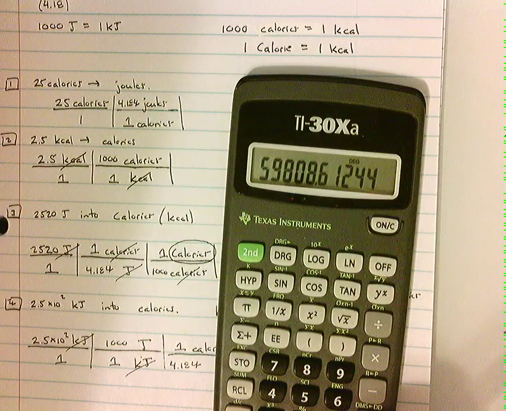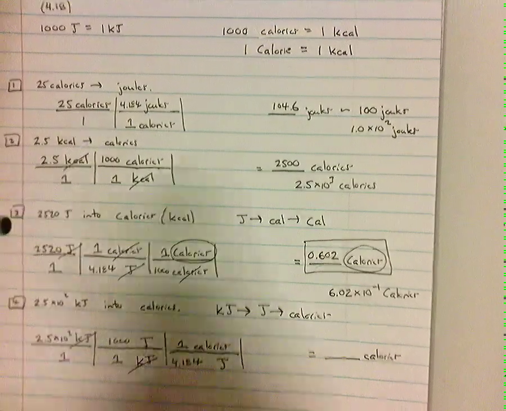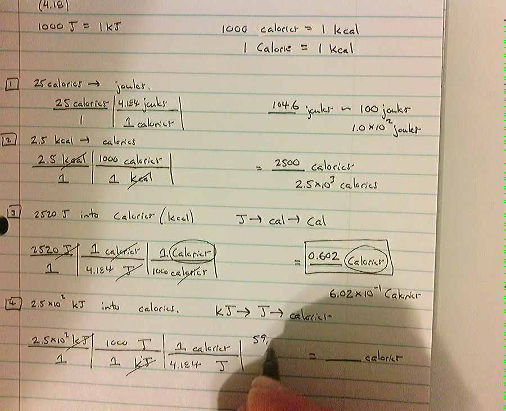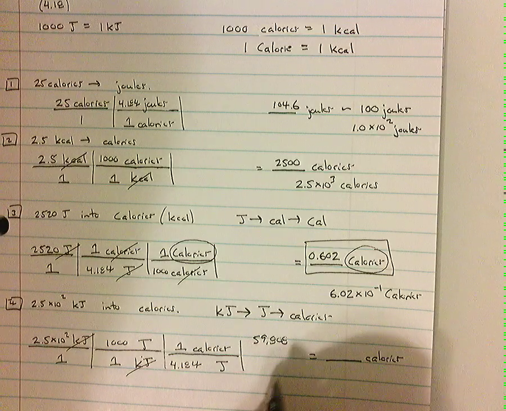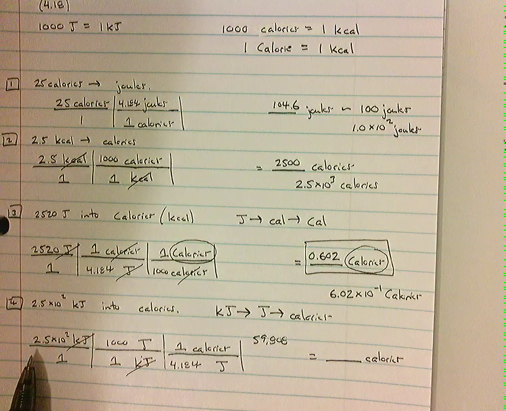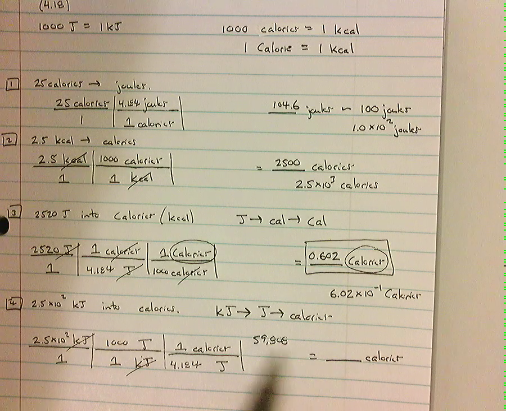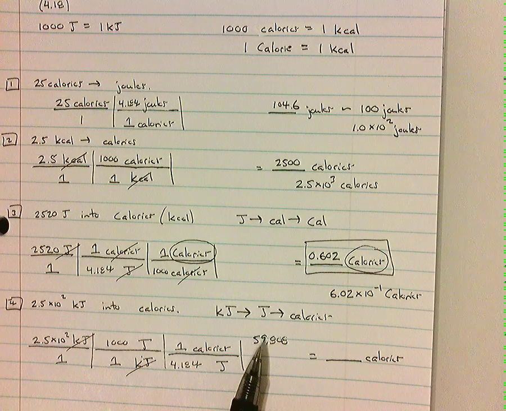So I'm going to get quite a big number, 59,808. Go ahead and put that here. 59,808. But again, in terms of significant figures, I have 2 significant figures here, so I only want 2 in my answer. So I'm going to take the 5 and the 9. And does the 8 round the 9 up?